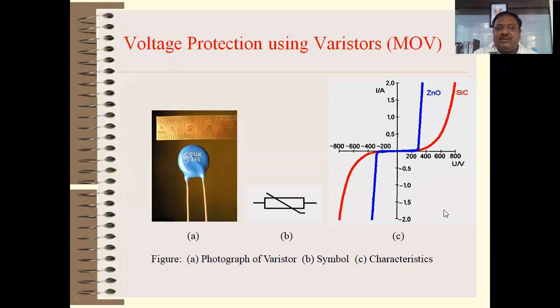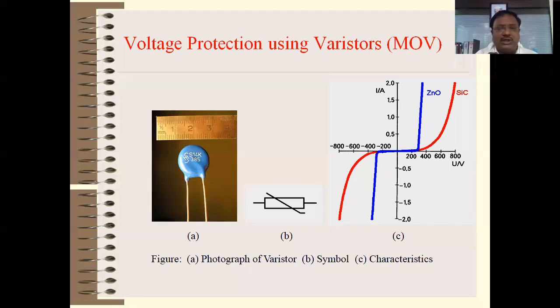So this particular characteristic, if you see, is very similar to the diode characteristic, right? In the diode characteristic, it turns on after some voltage, that is 0.6 or 0.7 for a silicon diode and 0.1 or 0.2 for a germanium diode.